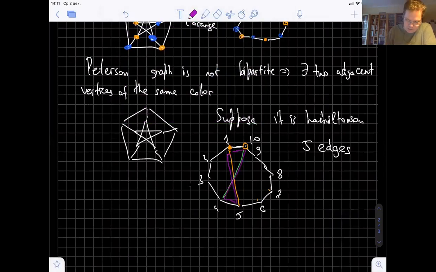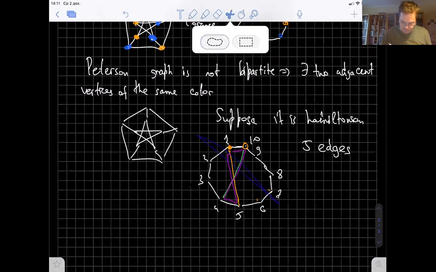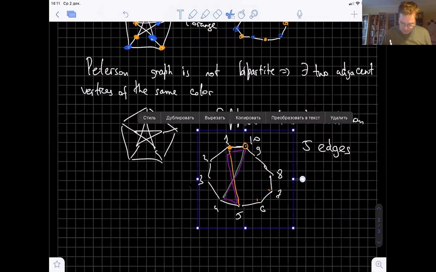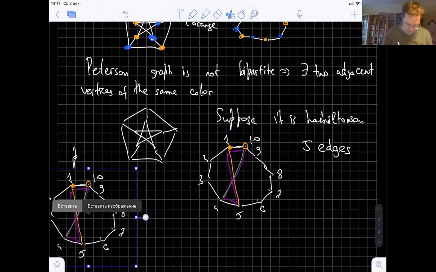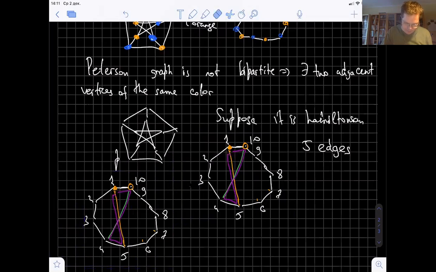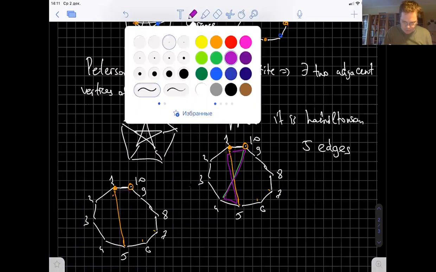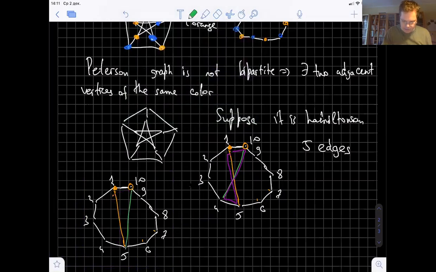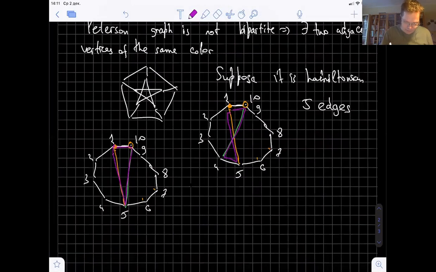If it is connected with 5, then we will have simply a triangle here. And if it's connected with vertex 6, then again we will have a cycle of length 4.